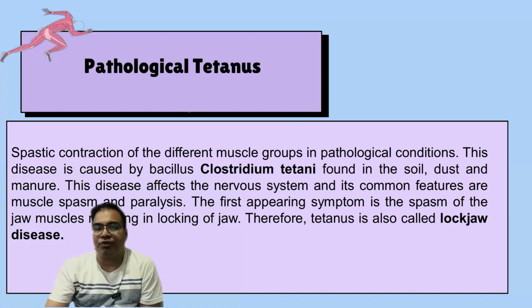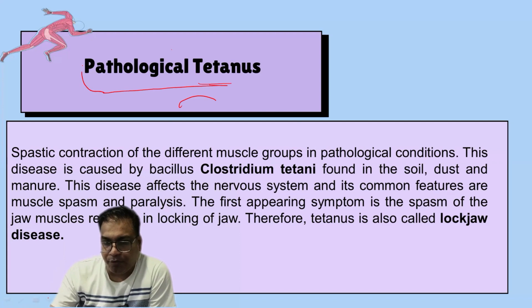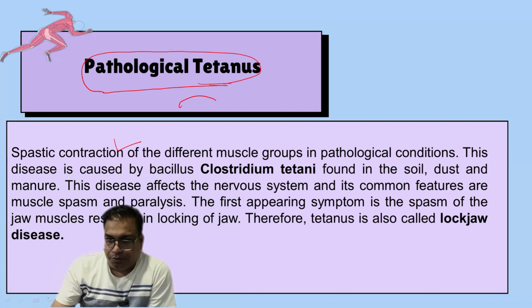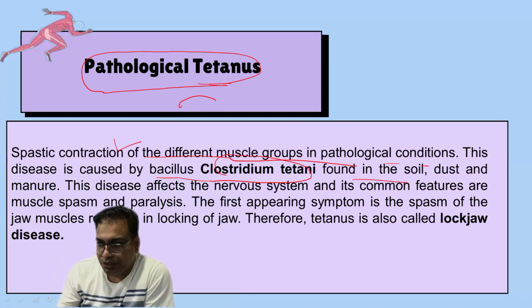Basically, we studied the term tetanus, but this is different from the term pathological tetanus. Pathological tetanus involves spastic contractions of different muscle groups. It is caused by the bacterium Clostridium tetani, which is found in soil, dust, and manure.